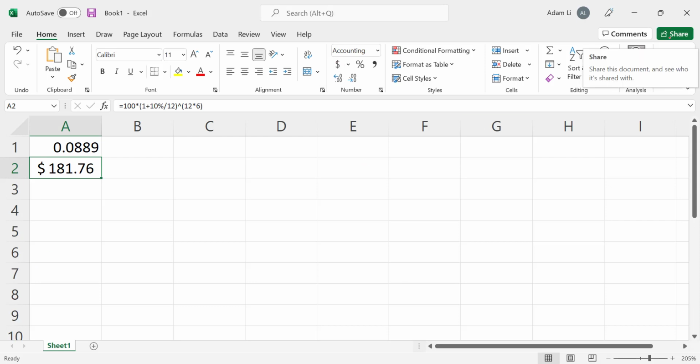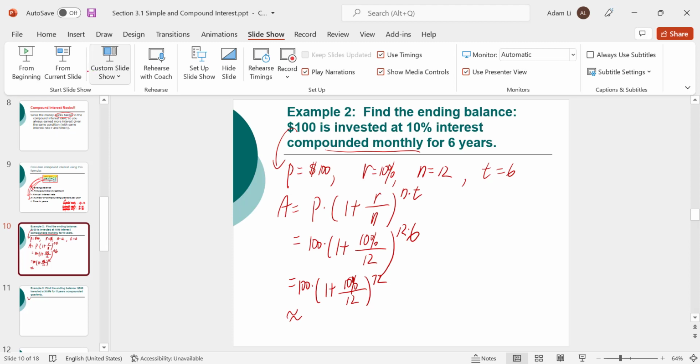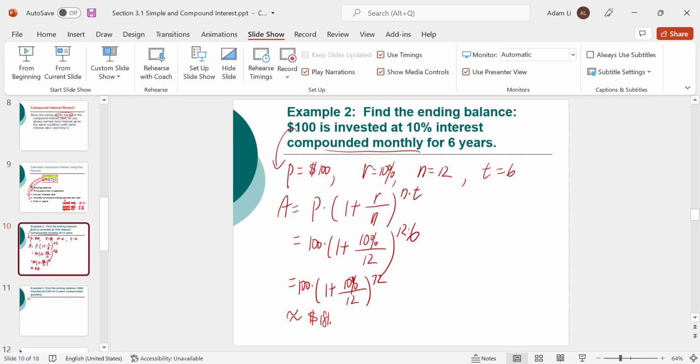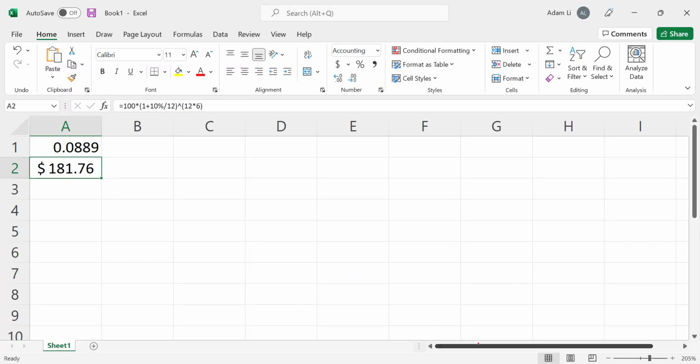Since we're talking about money here, the rounding rule is always to round to 2 decimal places, to the cent. So here it's $181.76. That's how much it is after 6 years. So it's $181.76. We'll quickly double check. 76 cents. That's right.